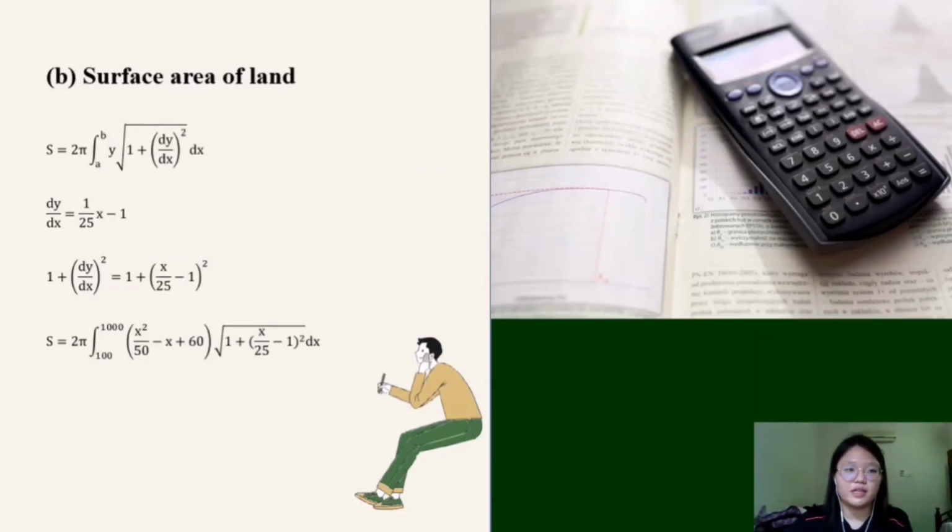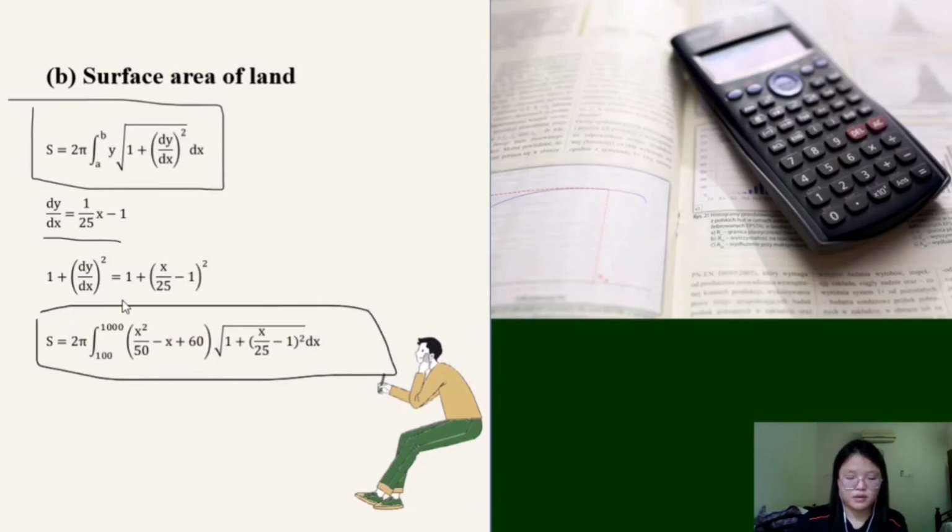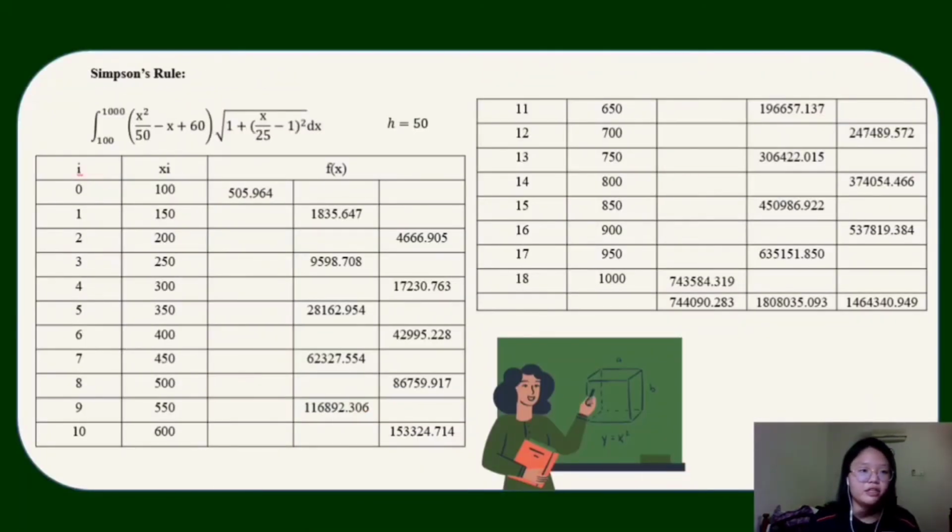To find the surface area of the land, we need to implement the formula. So first we need to differentiate the function. We will get 1 over 25 x minus 1. So we will get a new equation. For the integration part, we will use Simpson's rule.